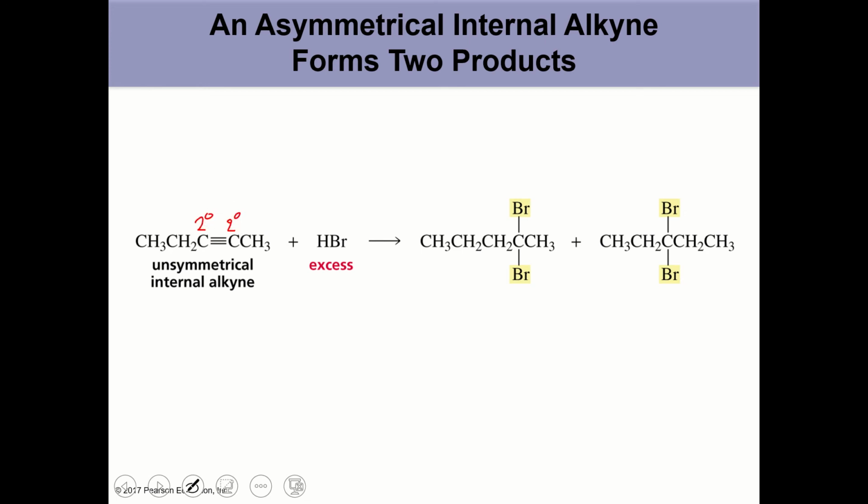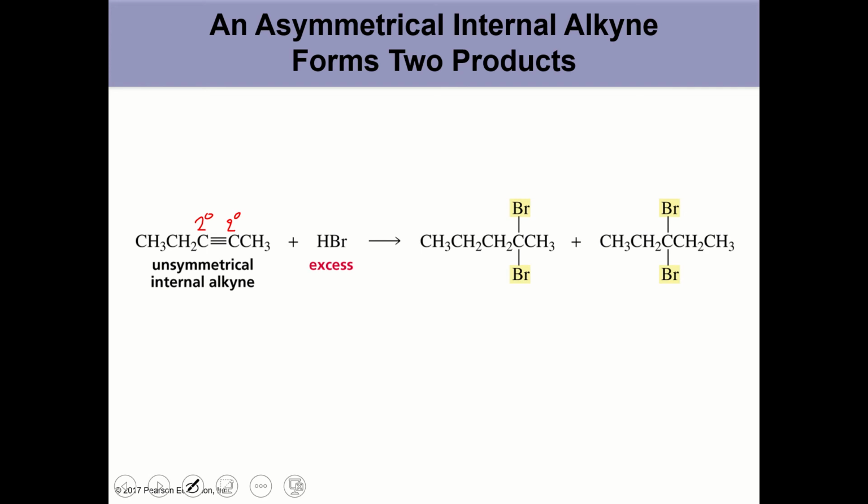And so that means that this reaction is not regioselective because the carbons are equivalent. And in that case, we could get addition of hydrogen to either one, and addition of bromine to either one. So we have to show both products.